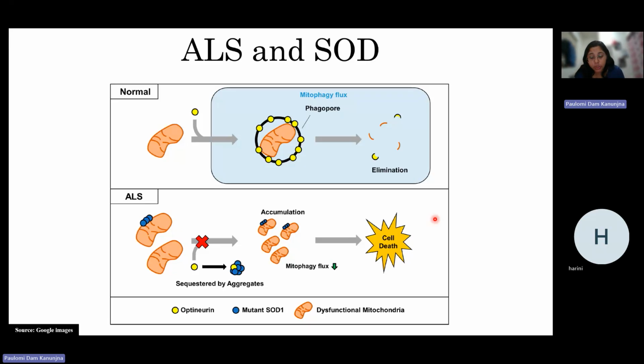What is superoxide dismutase? It is basically an enzyme, as the name suggests from the word 'ase', and this enzyme is responsible for breakdown of superoxide radical. It breaks down the superoxide into oxygen and hydrogen peroxide, which is further broken down by catalase into water and oxygen.